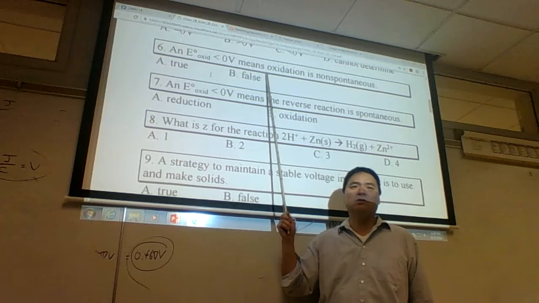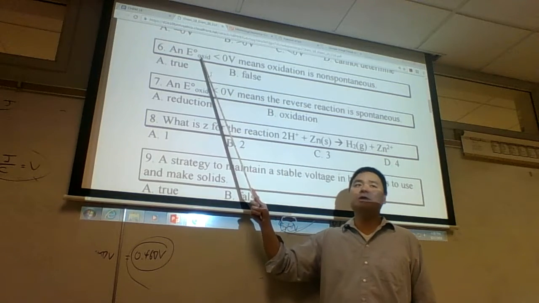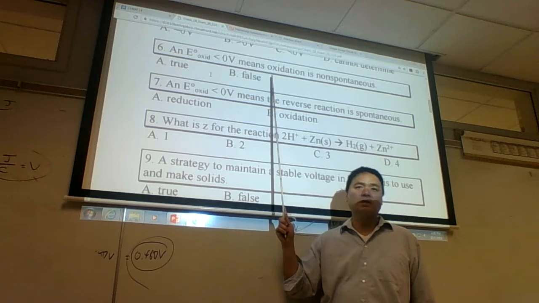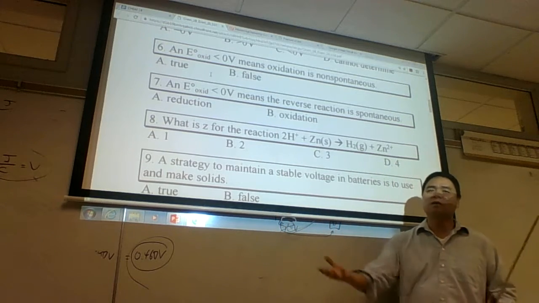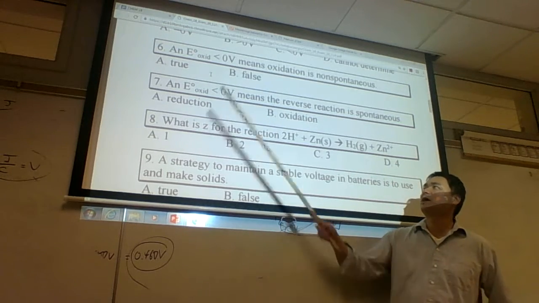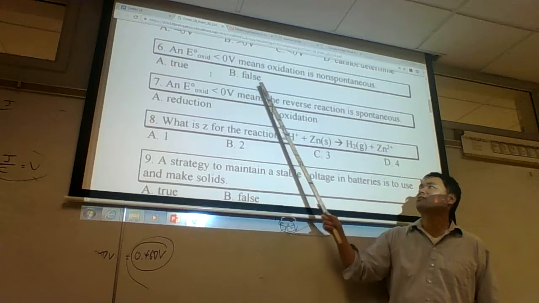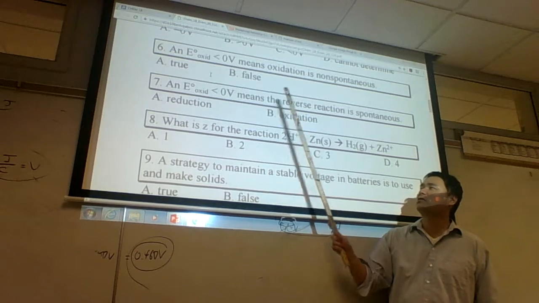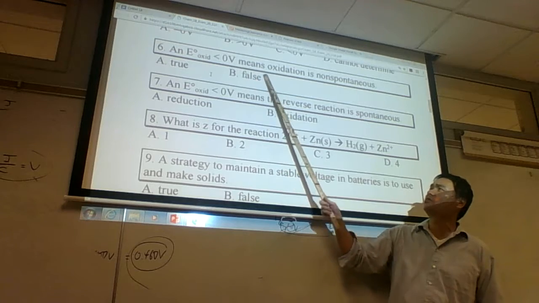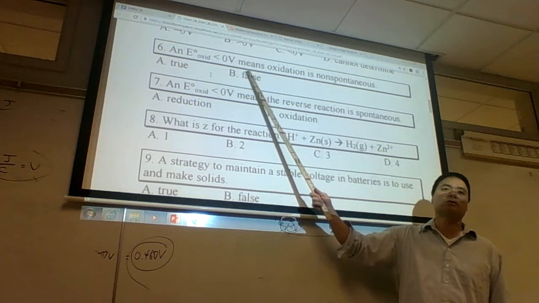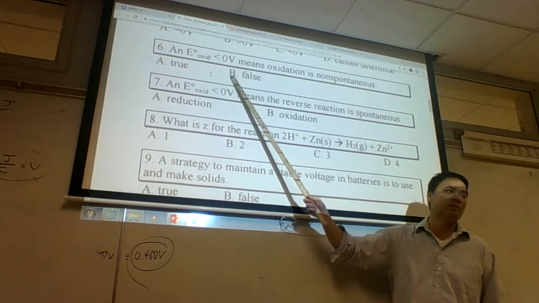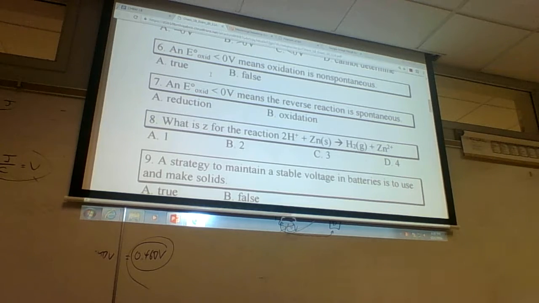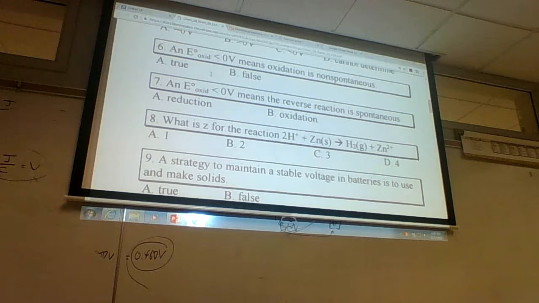We can't have oxidation without reduction, and at the reduction potential we have the oxidizing agent. It depends on the strength of the oxidizer, which is given by the reduction potential, but there's nothing said about the reduction potential. So we cannot determine if it's going to be oxidized or not.